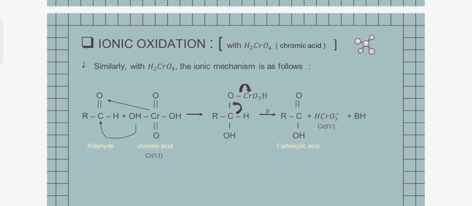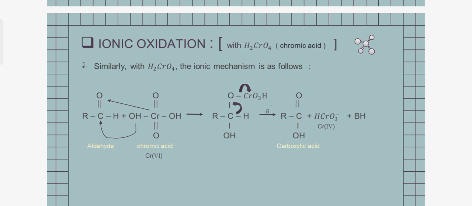Ionic oxidation with H2CrO4, chromic acid. Similar with H2CrO4, the ionic mechanism is as follows. First we take aldehyde, react with chromic acid. As a product we know R, C, H, OH, O, CrO3H. We know that the carbon has partial positive charge, oxygen has partial negative charge. The OH is attacked on the carbon, and CrO3H attacked on the oxygen.